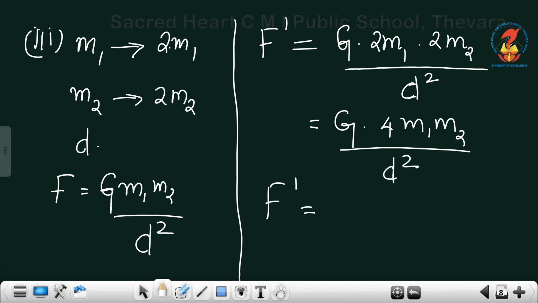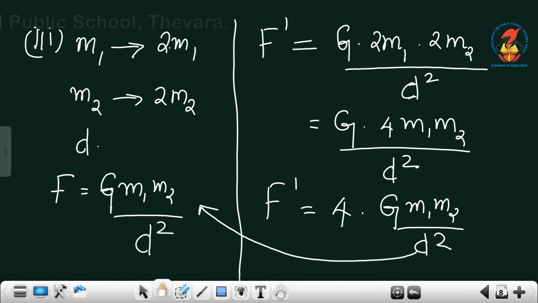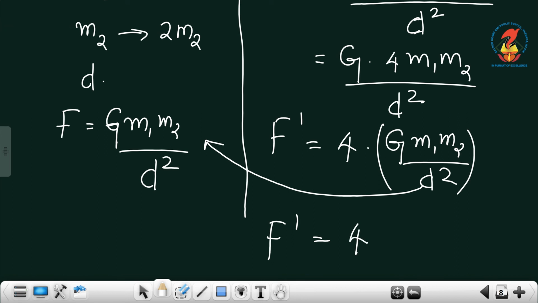Now let us rearrange the equation. Take 4 outside. Remaining is G m1 m2 by d square. This is the equation of our original force, F is equal to G m1 m2 by d square. That is, the new force is 4 into the original force.